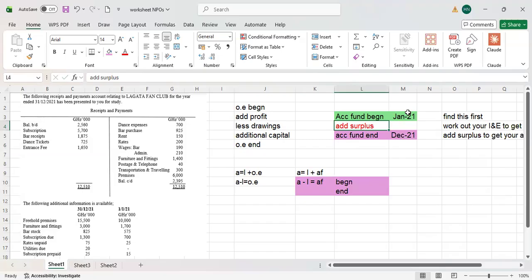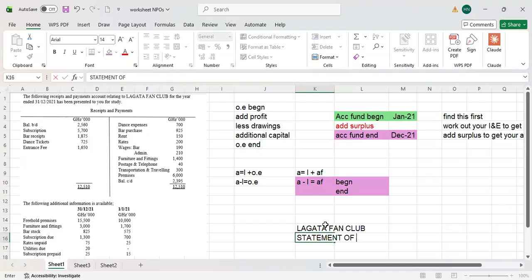So remember, we are using the beginning amounts, okay? So we use our statement of affairs to help us arrive at our accumulated fund.